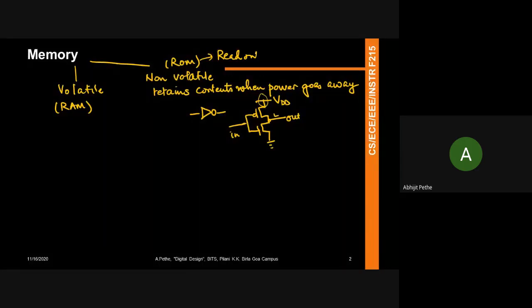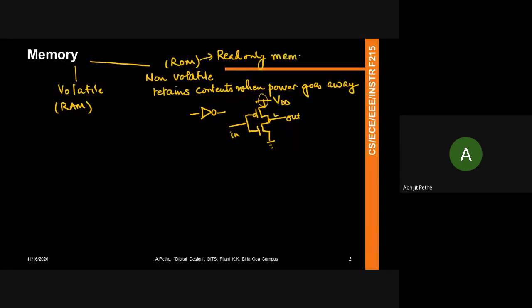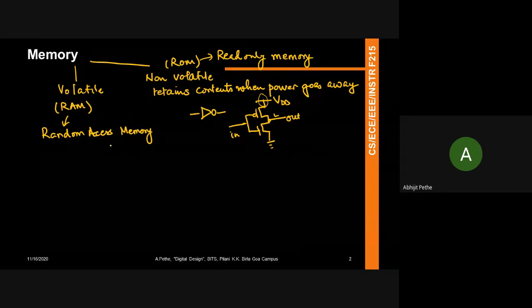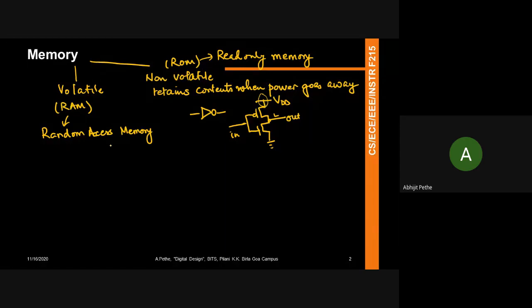That is, as a user, you only have the flexibility of reading from the memory, whereas RAM is a random access memory. When you say something is random access, it means that you can write anything you want into the memory, and you can read something back from the memory. For those who are interested, fundamentally the difference between how these two memories work is that a RAM is based off our simple SR latch or a back-to-back inverter.